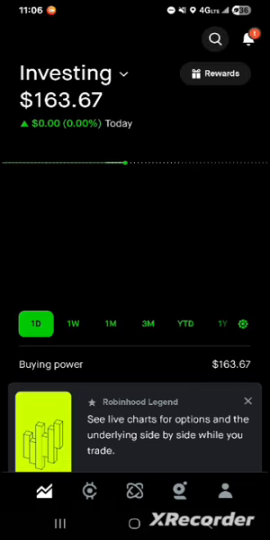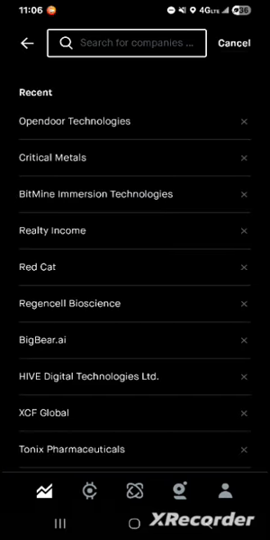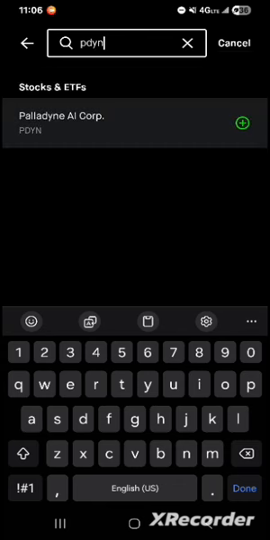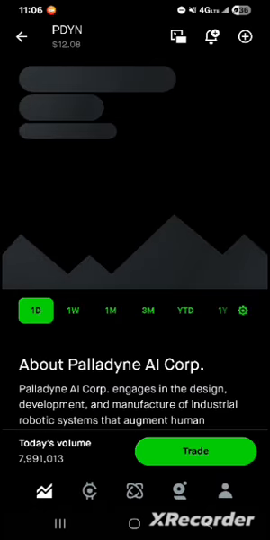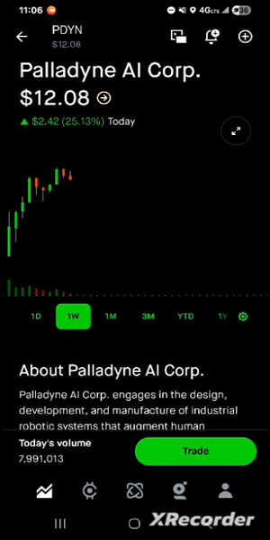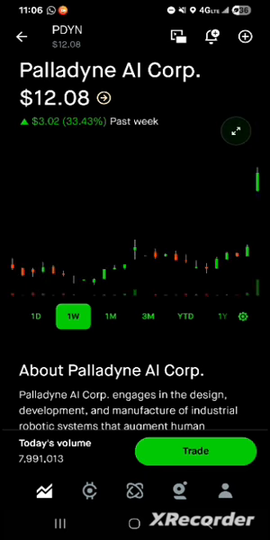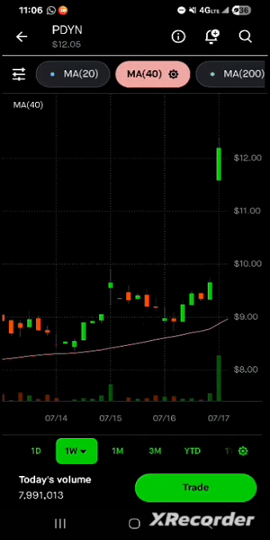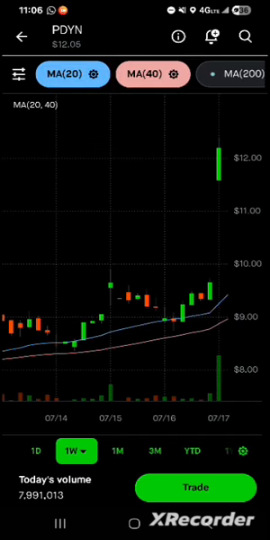All right, this day count so far. Go to PDYN. Okay. So what we want is the 20 period moving average to cross above the 40 period moving average. We don't see a cross, so we want to stay away from this one.